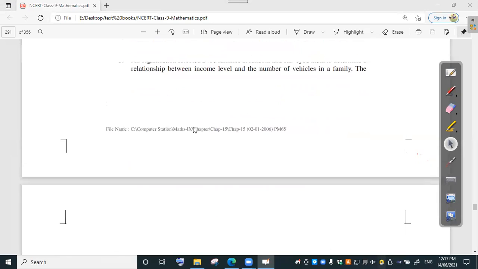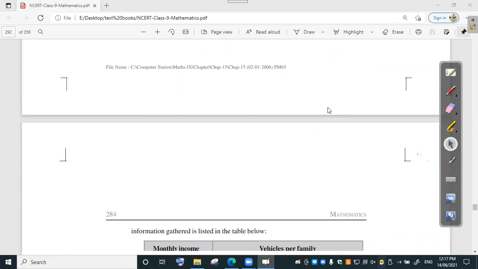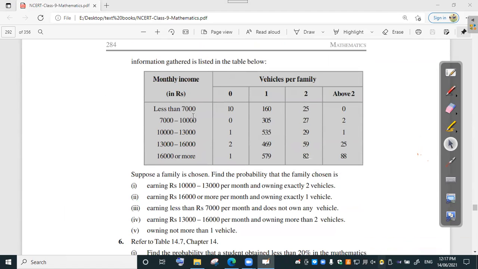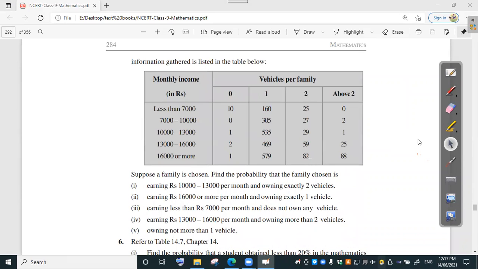Then an organization selected 2000 families at random. A relationship between the monthly income less than 7,000, having zero vehicles, is given. So here the data is given. Now find the probability that the family chosen earns 10,000 to 13,000 and owns two vehicles. How many own two vehicles? Owning two vehicles is 29.